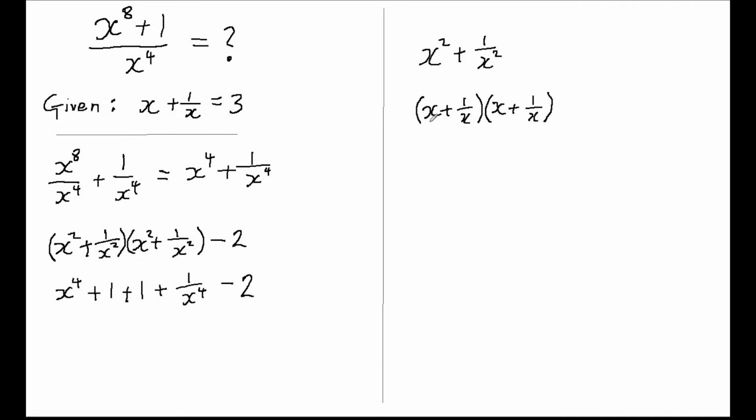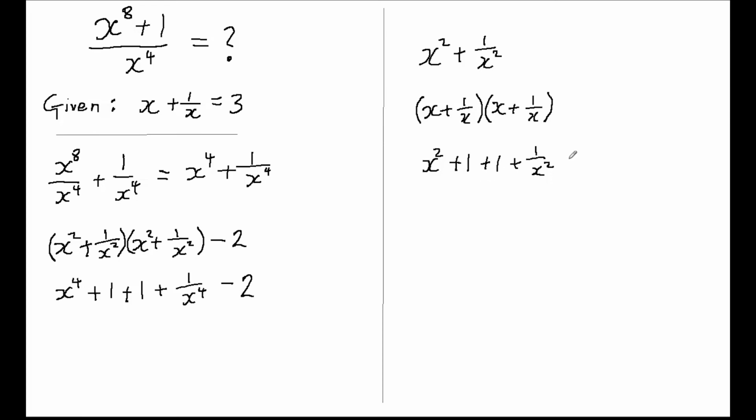Okay, let's multiply this out. x squared. x times 1 over x is 1. 1 over x times x is 1. And 1 over x times 1 over x is 1 over x squared. So again, very close. And once again, we've got an additional plus 1 and plus 1 in here.